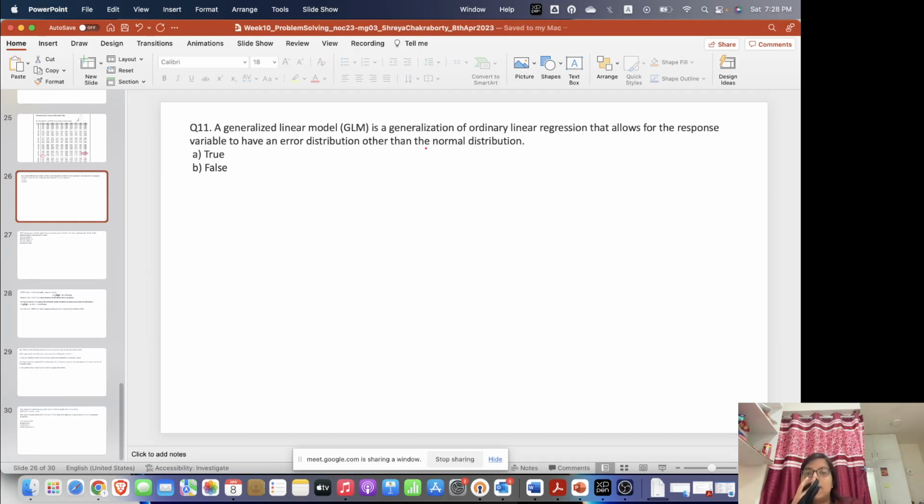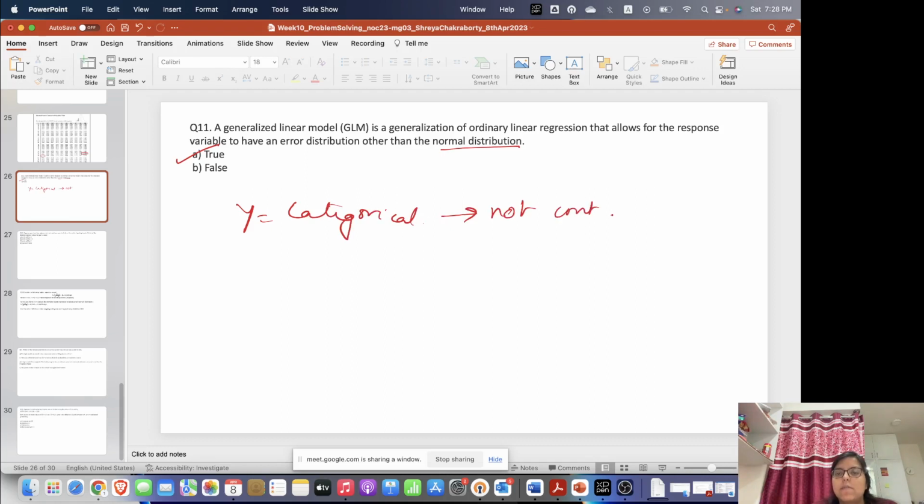So a generalized linear model is a generalization of the ordinary least squares linear regression that allows for response variable to have an error distribution other than the normal distribution, which is true. Okay, so we have seen that the errors will not be normally distributed because y is categorical. It is not continuous, not normal.